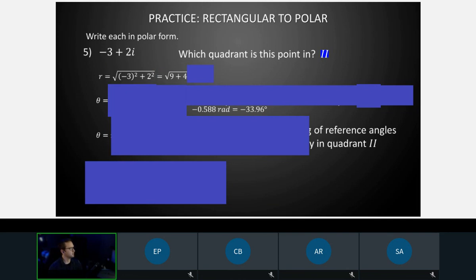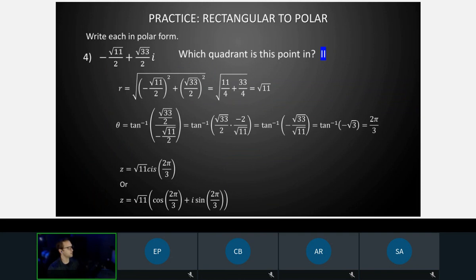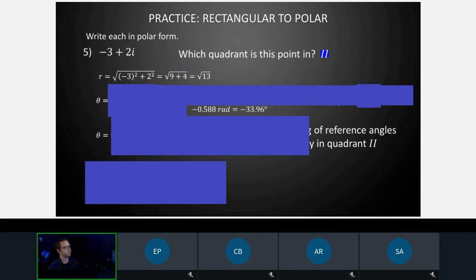All right, so we do the r value. We get rad. Is this the same problem as last? Oh, it's not. Okay, it just feels the same. All right, angle. We do inverse tan of 2 over negative 3. Now, the problem is you can't use your unit circle.